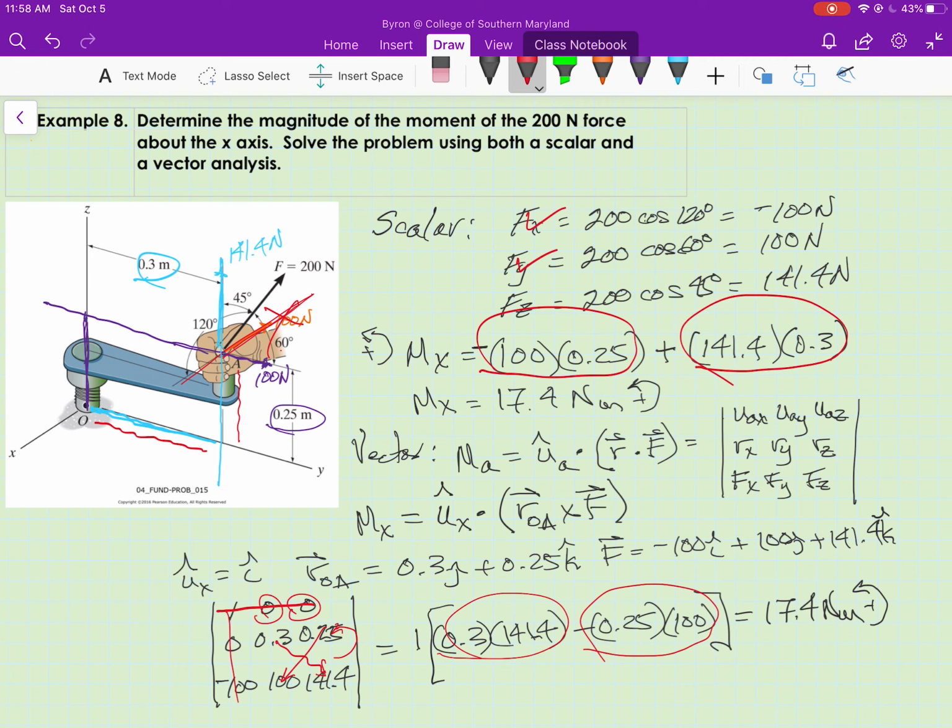And notice that the negative 100 newtons, the x component of the force, which is the component in the direction of the x-axis, had nothing to do with the moment of the overall force about the x-axis.